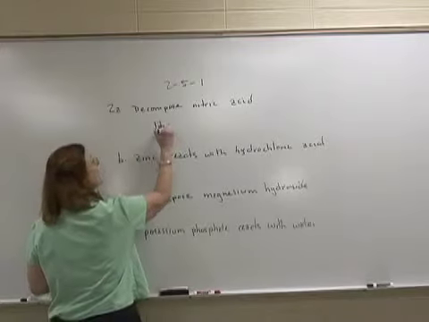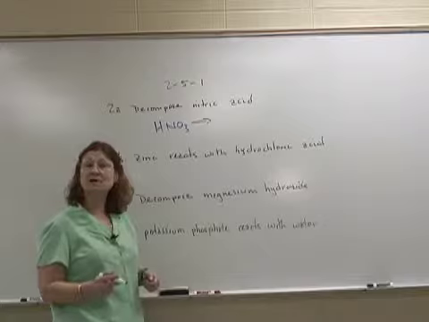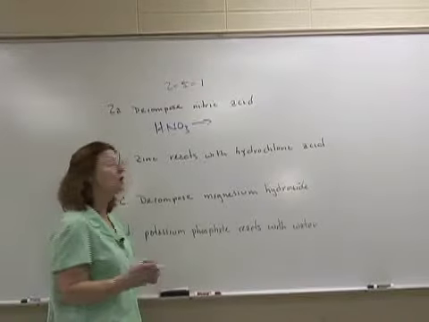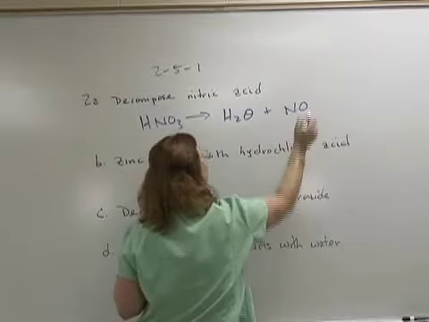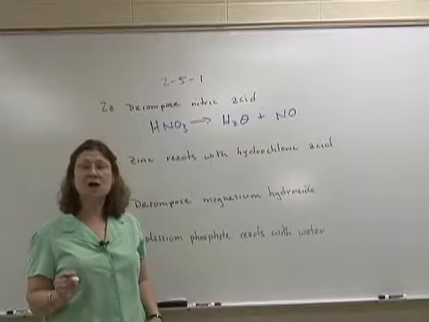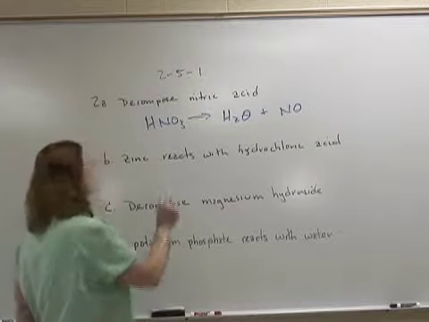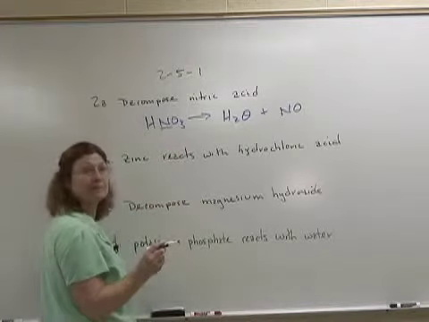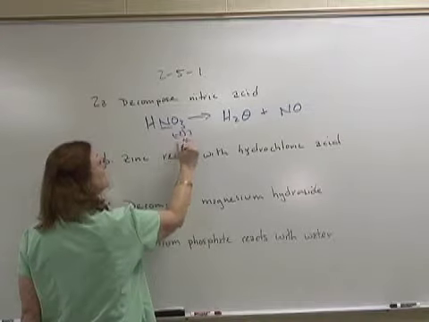Nitric acid is HNO3. And whenever I decompose an oxyacid, I always get water and an acid anhydride. So I get some form of nitrogen and oxygen combined. And the way I know what formula it is is by the charge on this nitrogen. Well, oxygen is -2 times 3 is -6.